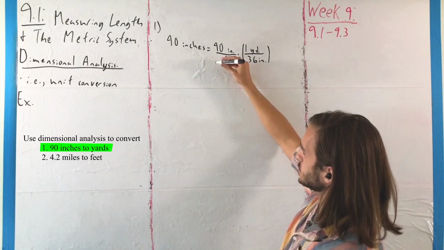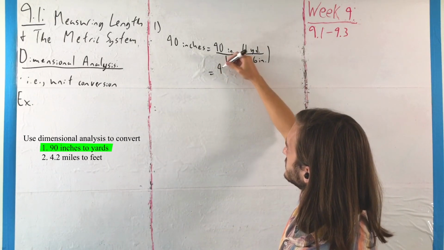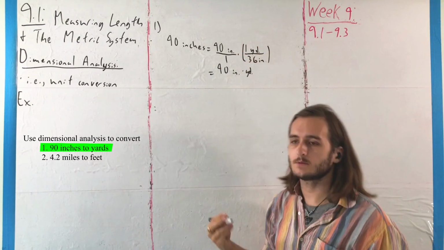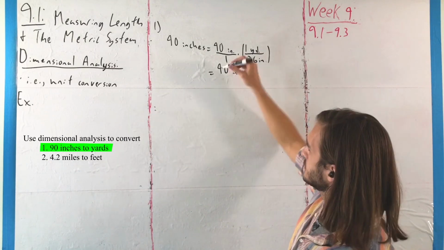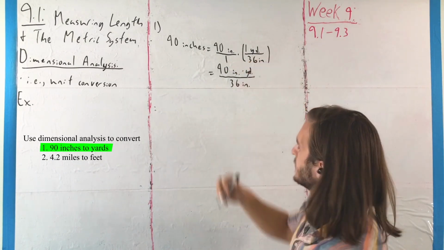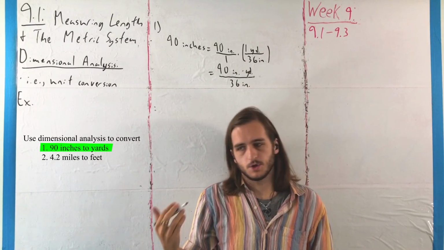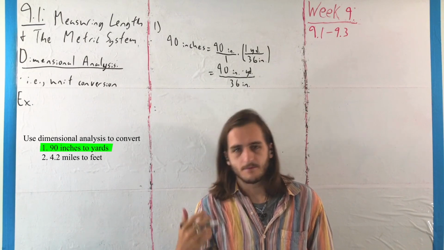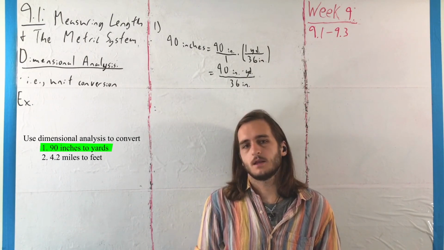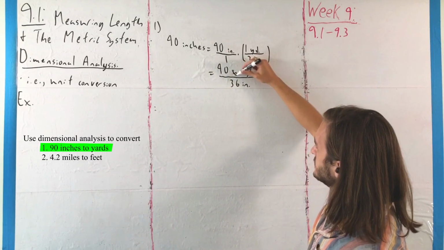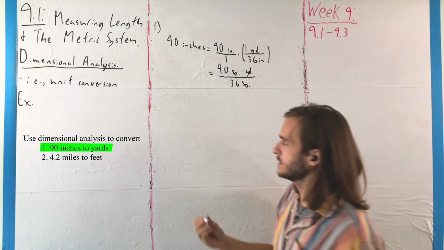And in this multiplication, what we will end up getting is 90 inches times yards, which sounds terrible, and it's not a very good unit. But that's going to be divided by 36 inches. And while it's a little bit different than what you're used to, even though these units are not quite symbols in the way that a lot of math stuff is, they still do cancel across division. That is, the inches over inches cancel.